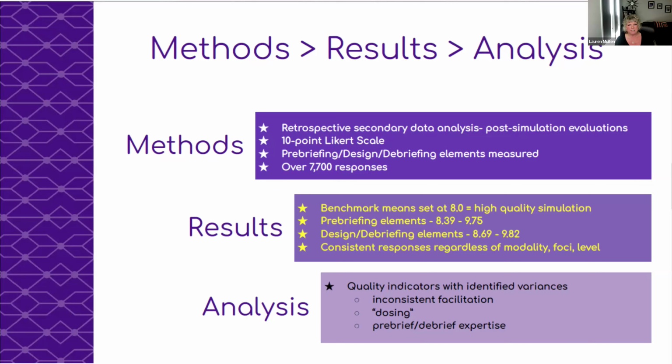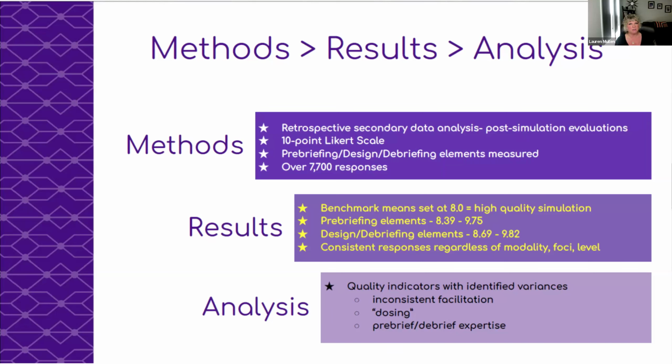When we analyzed the data, we also found some quality indicators that led to some variances, and that is inconsistent facilitation by the facilitator. We would have facilitators who would just pop in and pop out. They didn't have that much experience. They were loaded into that course, so it was very inconsistent.